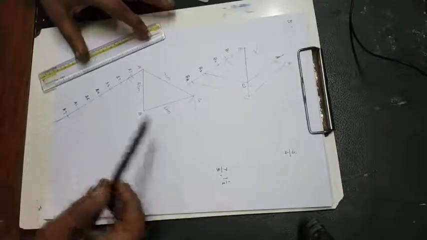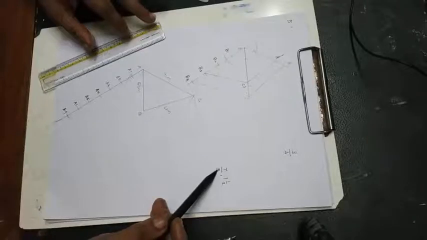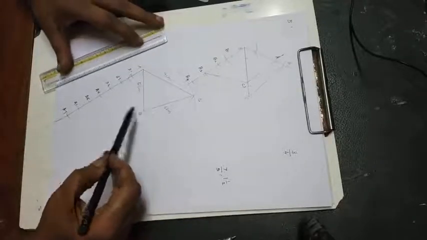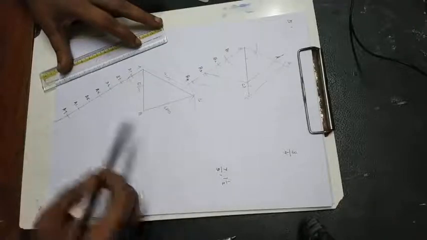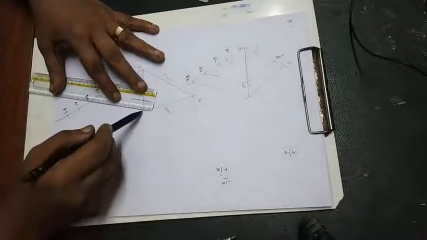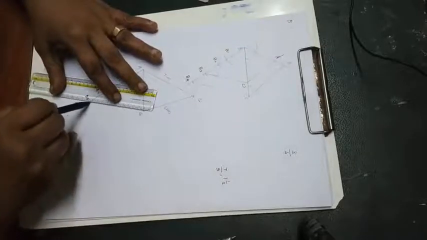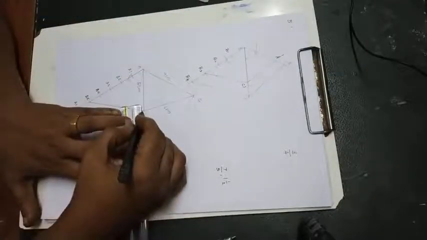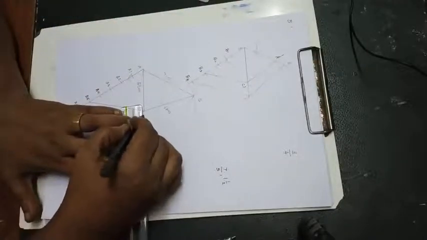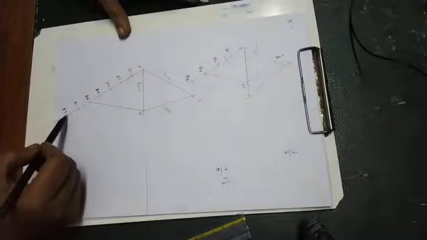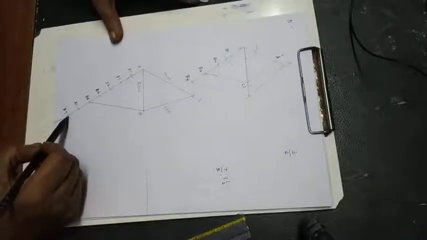Now you have to join 5 to this B. You have to join 5, fifth part to B, the lowest one to B. So join that one. Now extend this B like this, extend that one. Now same angle you have to construct here in A7. Same angle.